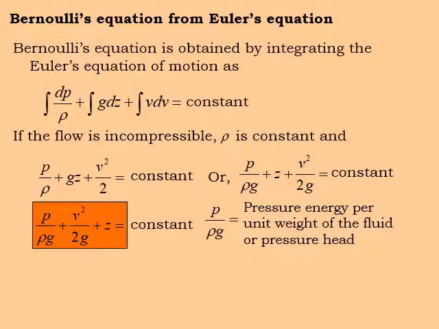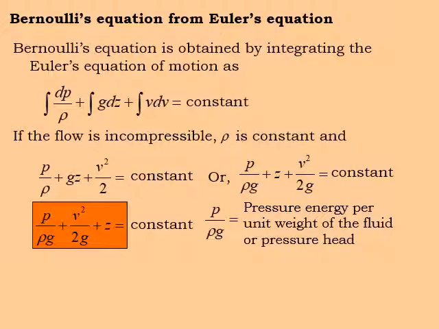Here P by rho g is equal to pressure energy per unit weight of the fluid, also called pressure head. P represents the pressure and rho g is the unit weight of the fluid element.